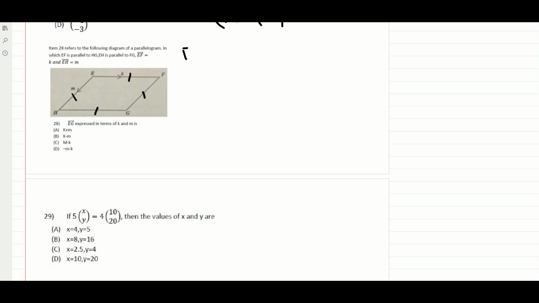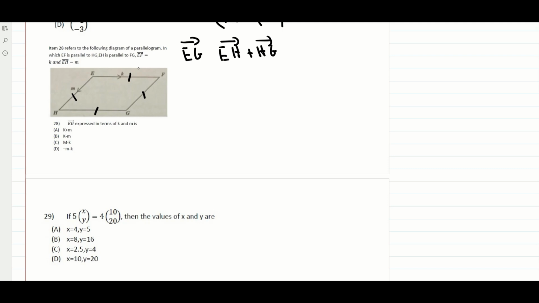What is EG? Our starting point is E and ending point is G, so we're going from E to H and then H to G, so EH plus HG.